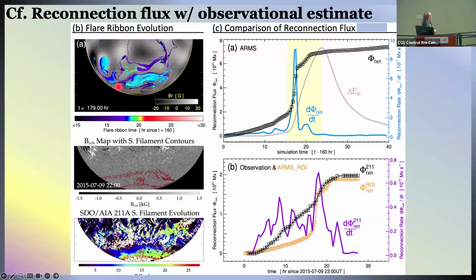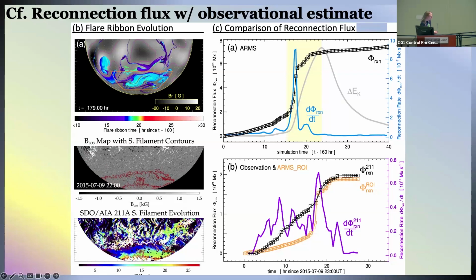And okay, if I take a little box around my simulation like this orange rectangle, and I count all the reconnection flux in this orange rectangle, because it's about the size of my observed flare, I actually have embarrassingly good agreement here, which was kind of surprising.